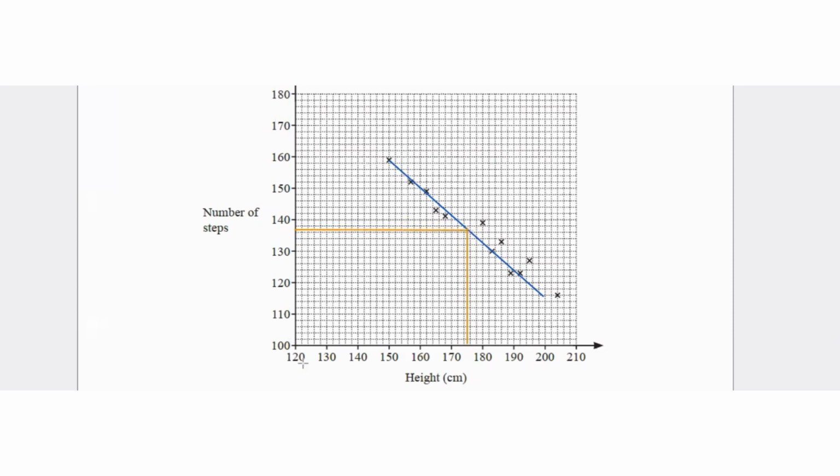That's approximately 137. Yeah, that's 137. So the number of steps would be 137 for the person who has a height of 175.